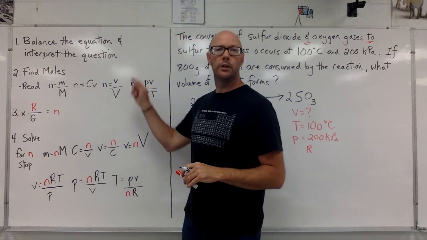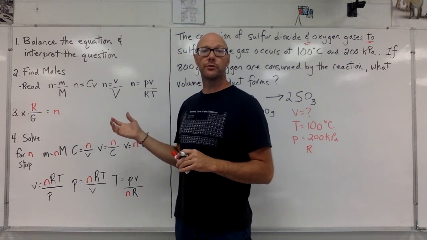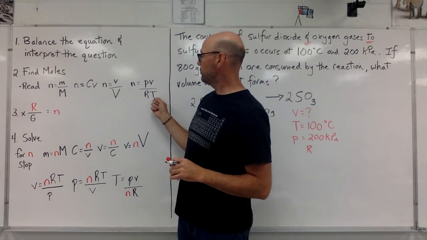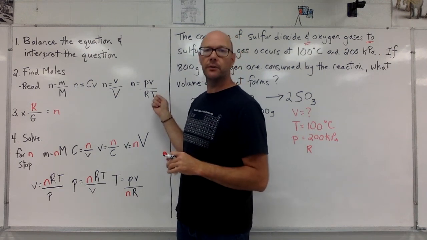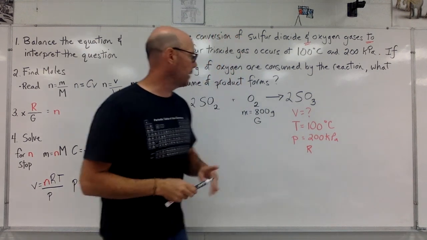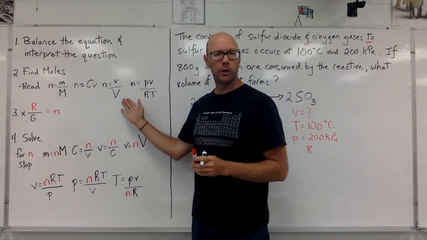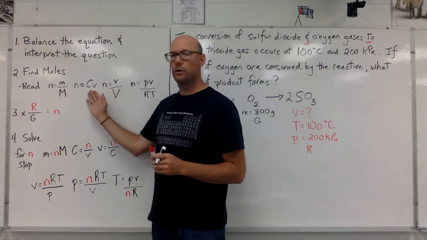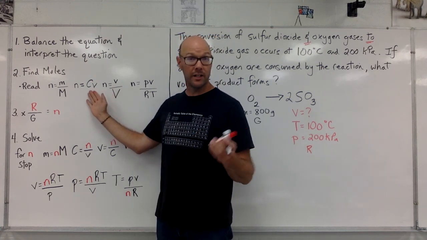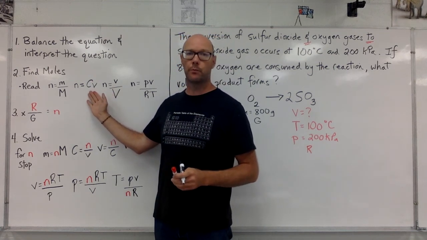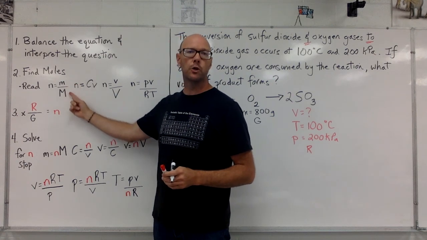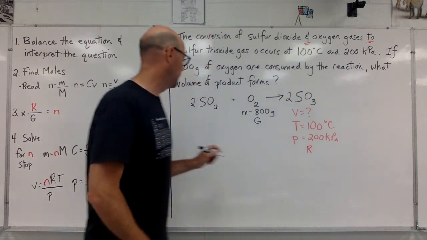Which formula are we going to use to convert into moles? P times V over RT. We might feel tempted, but we clearly don't have the volume. We don't have a volume to use Avogadro's law. We don't have a volume to turn it into some kind of solution stoichiometry problem. We do have a mass. We can do mass over molar mass.